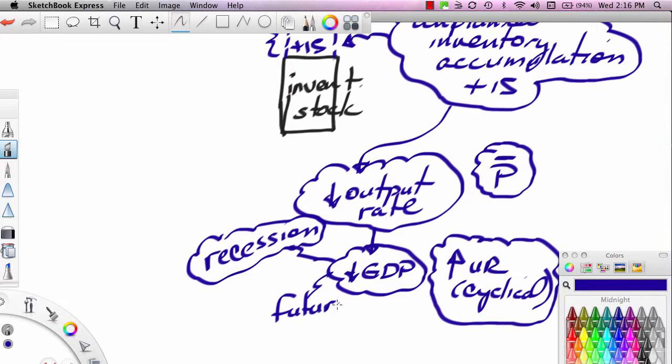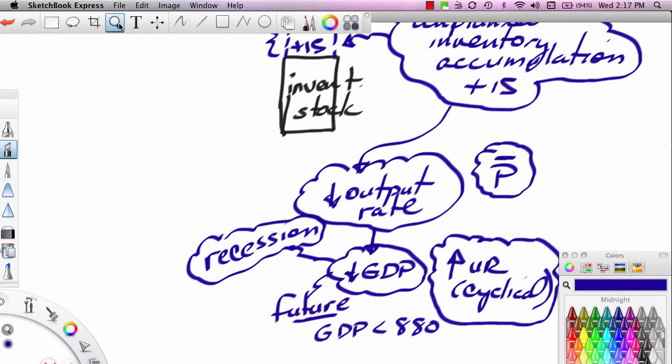In the current period, GDP is 880. But what we're predicting through this model is that in future periods, GDP will be less than 880. It'll fall. And in fact, later on in the course, we're going to talk about how far it will fall. We'll actually be able to quantify that.